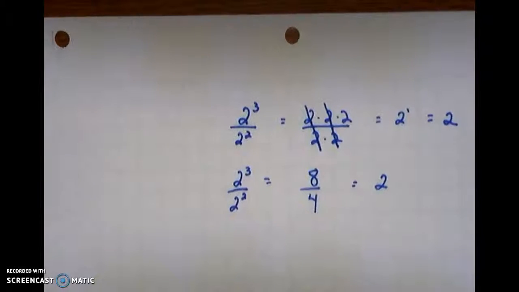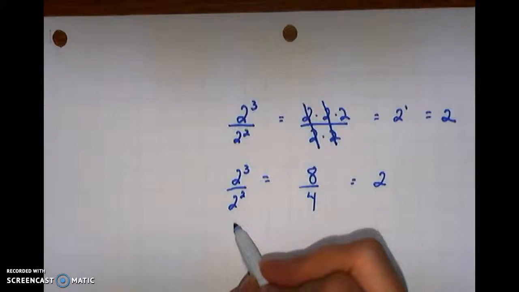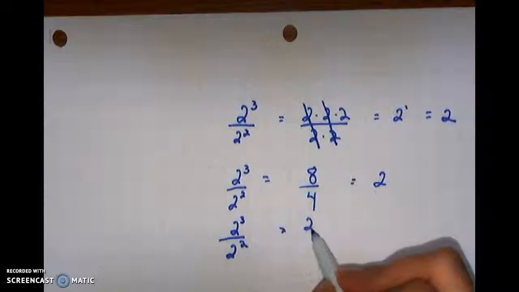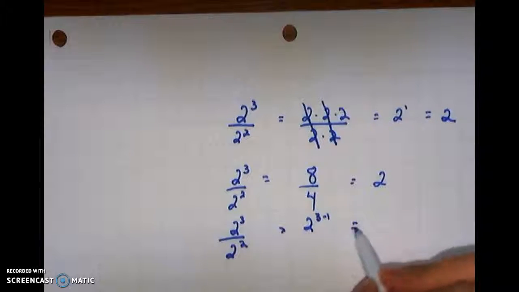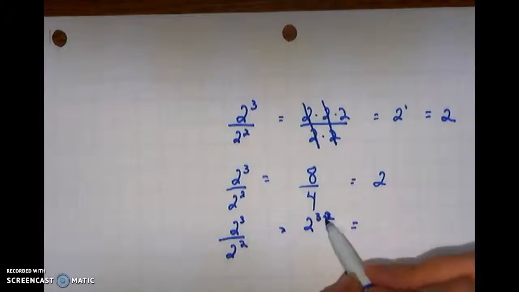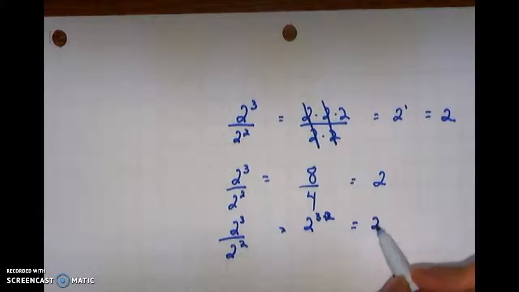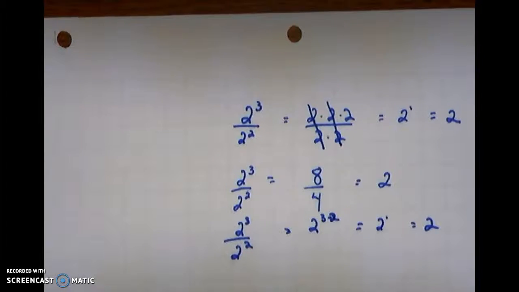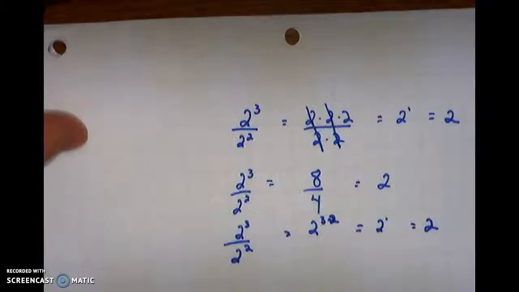Are you starting to see a general rule? Two to the third minus 2 is 2 to the first. Something to think about.